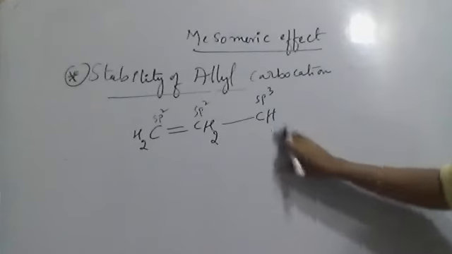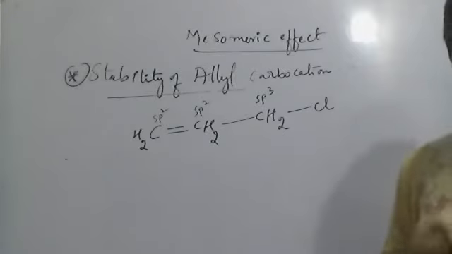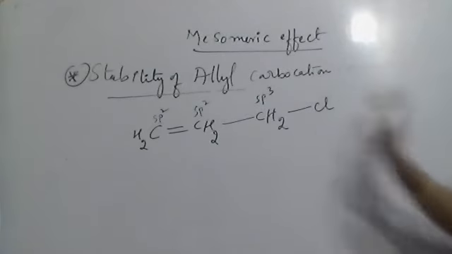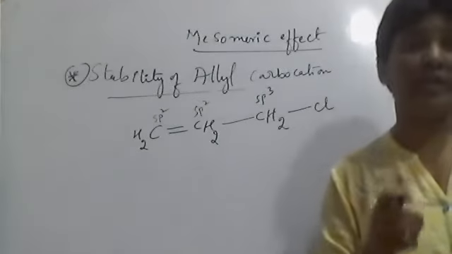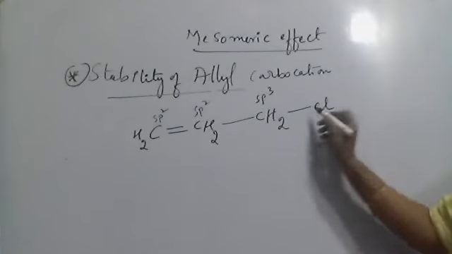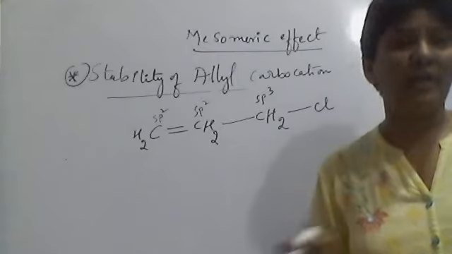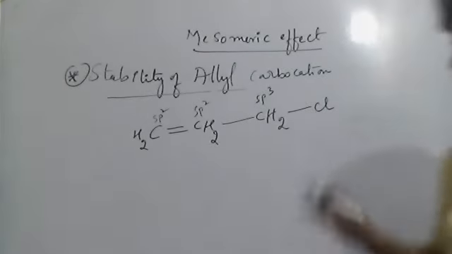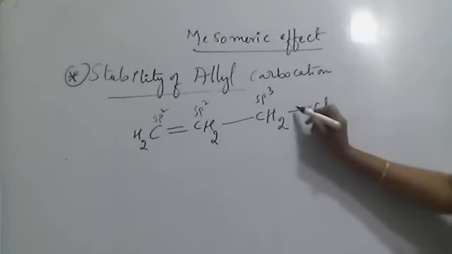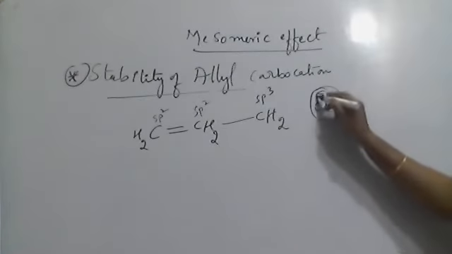Or if it has CH2 and a group Cl present. Now, if Cl is removed, what is Cl? An electronegative group. So when the C-Cl bond breaks, heterolytic cleavage takes place, that is, the bond pair goes along with Cl, and Cl is removed as Cl minus.